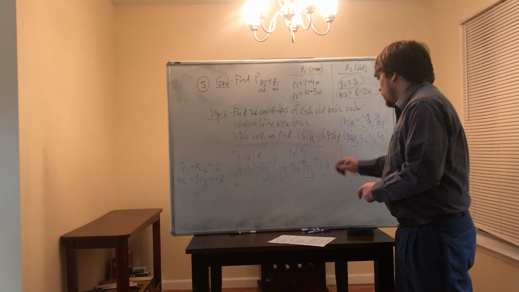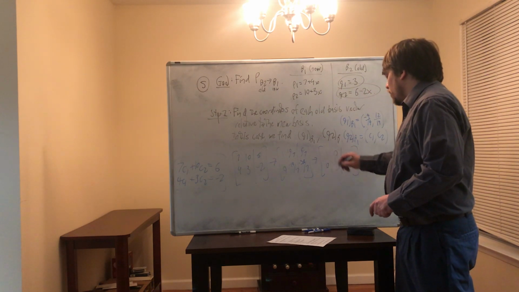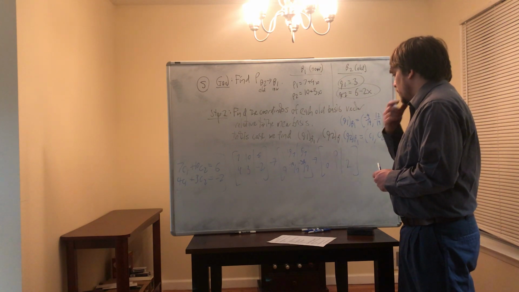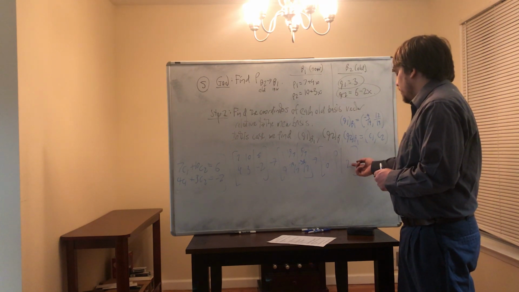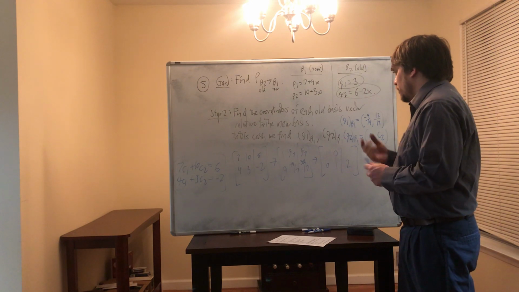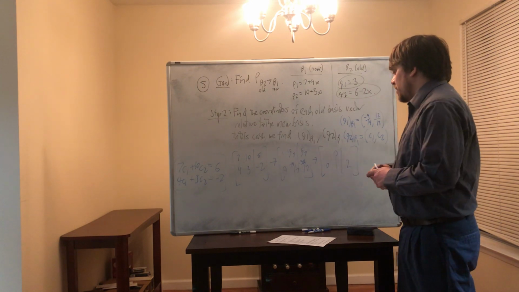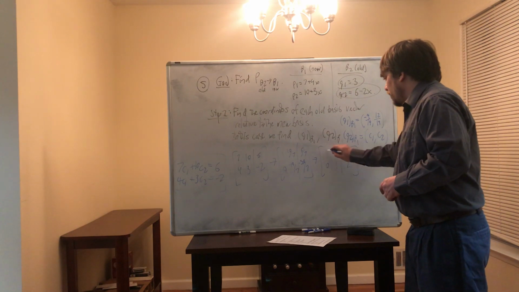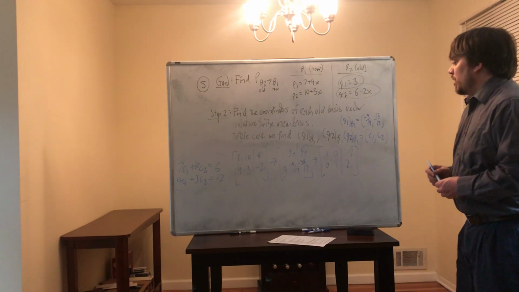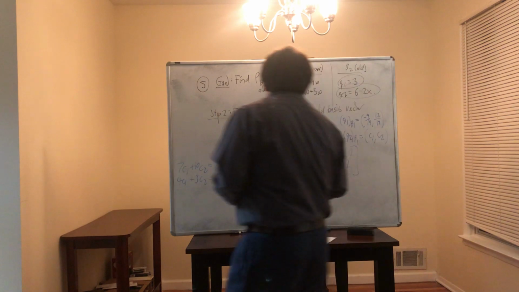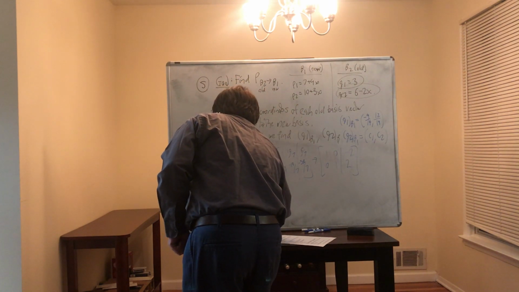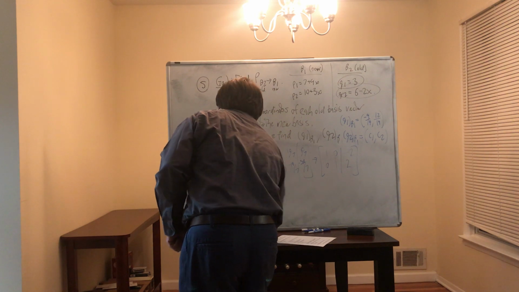I'm going to get 1, 0, and then negative 10/7 times 2, which is negative 20/7 plus 6/7, which is negative 14/7, which is negative 2. So now I'm going to get a negative 2 there. So C1 is negative 2 and C2 is 2.